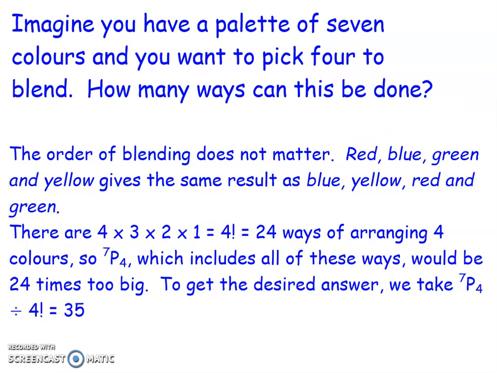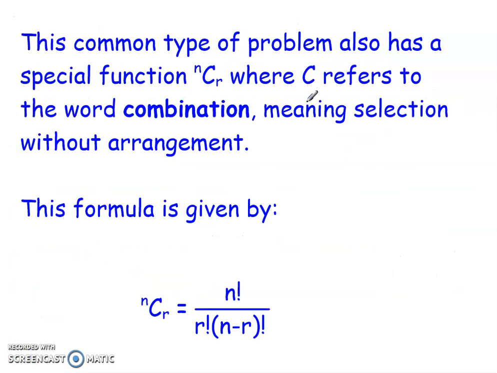The arrangement doesn't matter. Because of that, we're able to define ourselves a second new function, which is looking at combinations rather than permutations and arrangement. And this is referred to as this function here, nCr. Now C refers to the word combination, which means selecting without arrangement. Because we've got to divide by that extra factorial, we can build that into our formula.